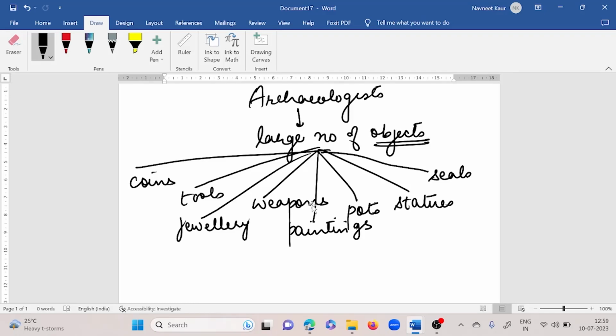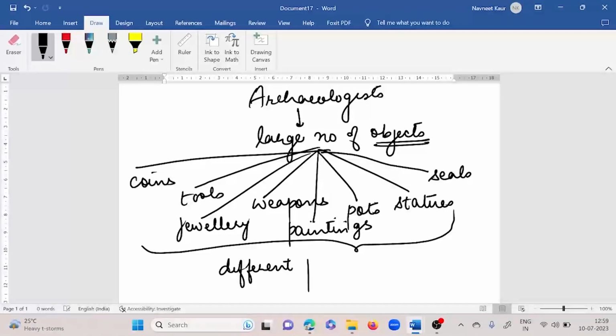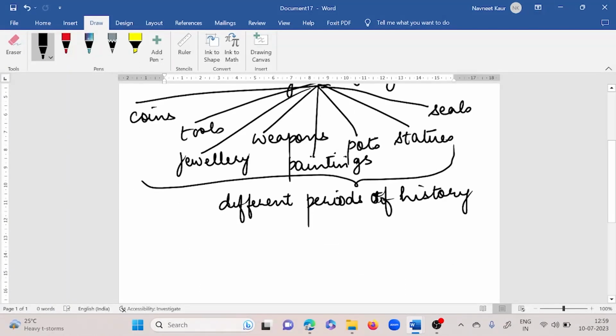These belonged to different periods of history. Now, what information is provided by them?